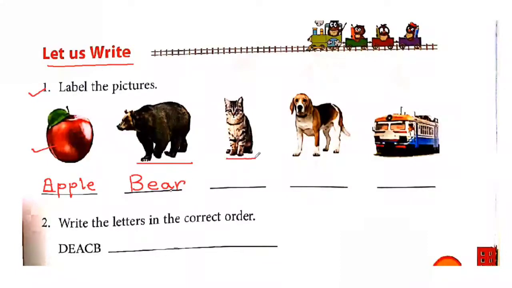Next picture. This is a cat. So C for cat. C-A-T, cat. D for dog. This is the picture of a dog. So D-O-G, dog.